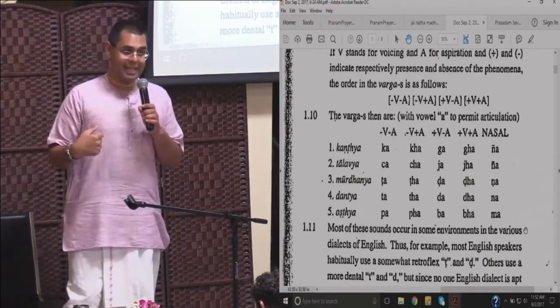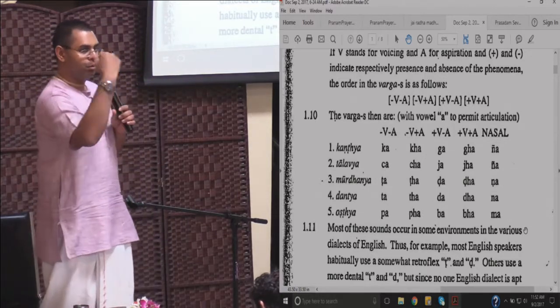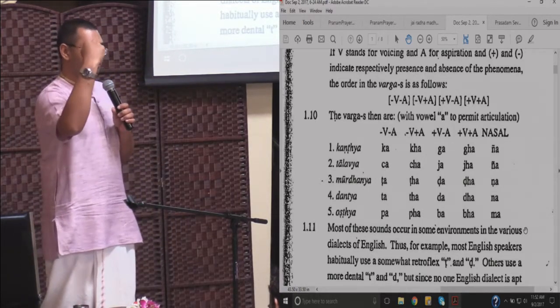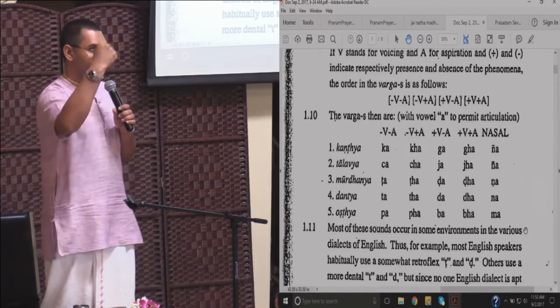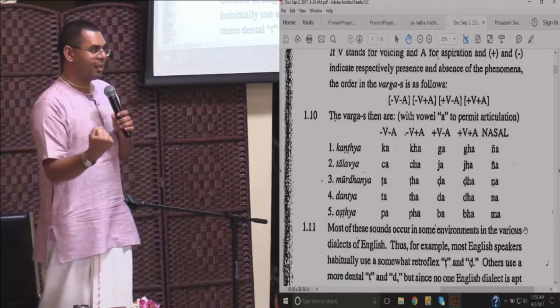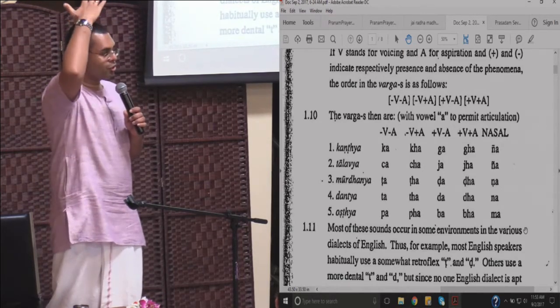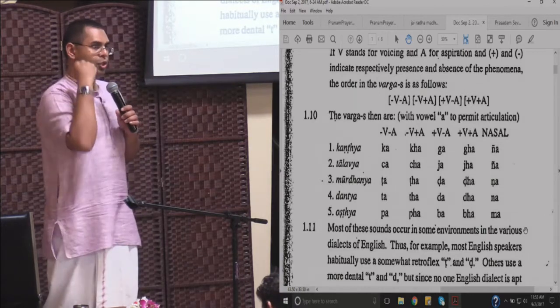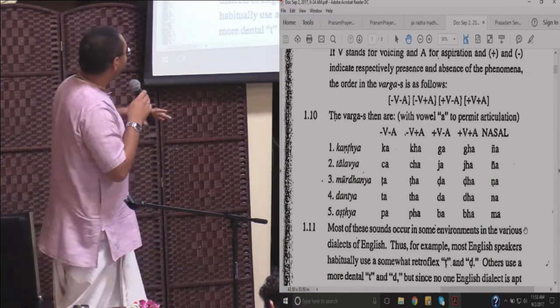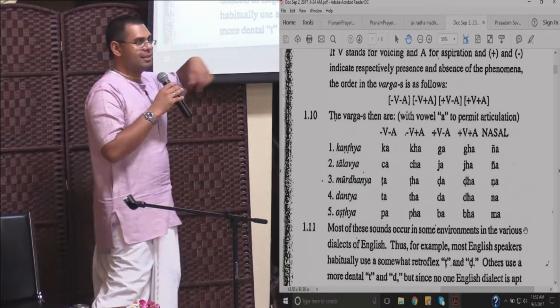Retro means back, and flex means to hit, okay? So that's exactly what you have to do with your tongue. You pull it back, and you hit the roof of your mouth. Ta, tha, da, dha, na, okay? Also called cerebrals. Murdhan means head. So your tongue is pushing up to your head, okay?